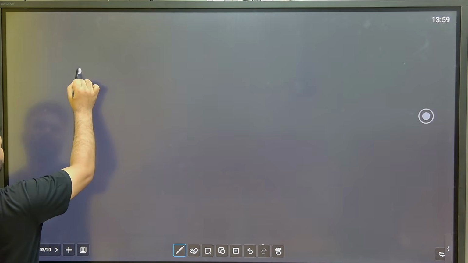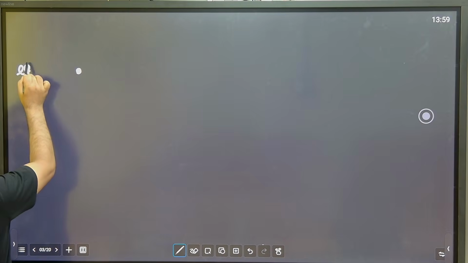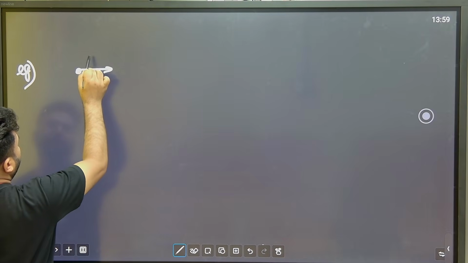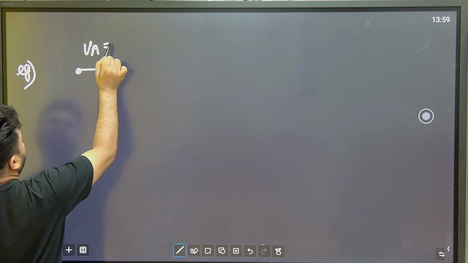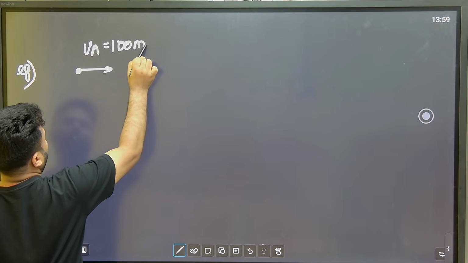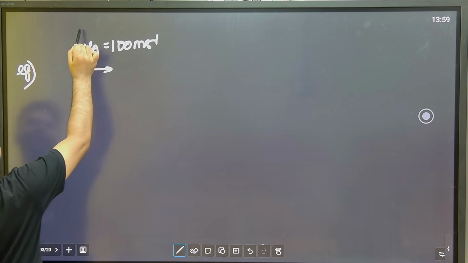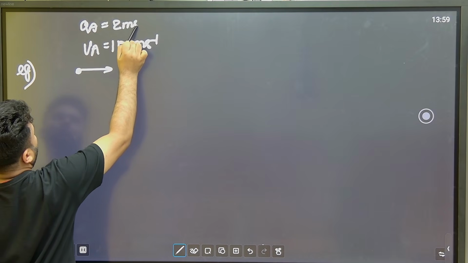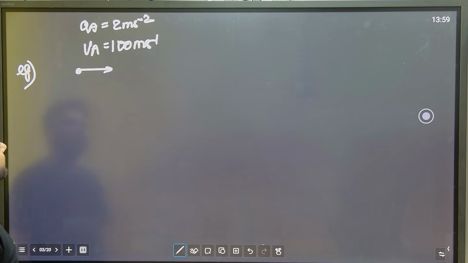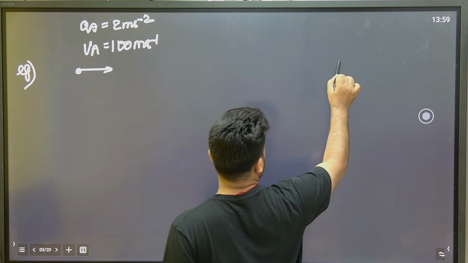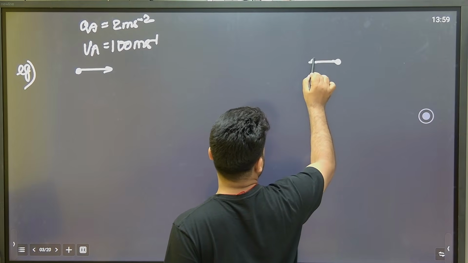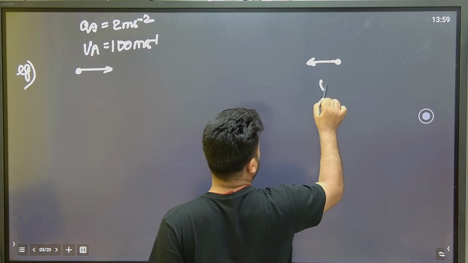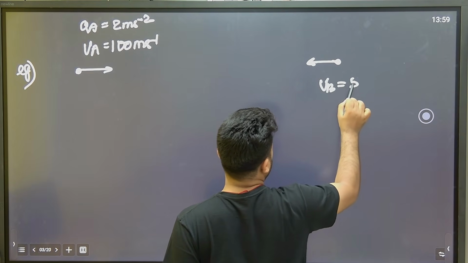Suppose there is train A which is moving with 100 meter per second. Its acceleration is 2 meter per second square. This is the acceleration of train A. There is another train B which is moving this side. The speed of train B is 50 meter per second.